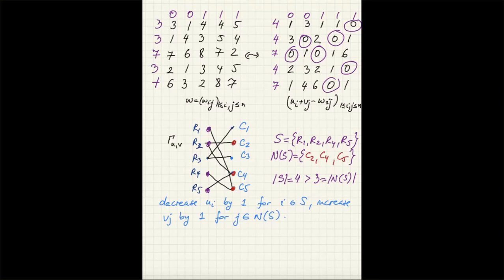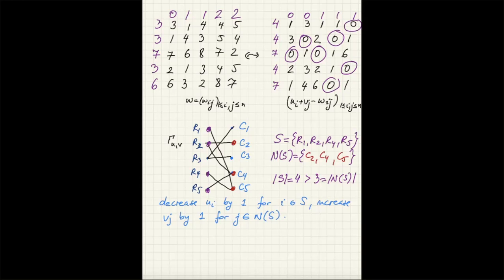And R5 goes down by 1. So this is 6. And on the top, we have C2, C4, C5. So C2 becomes 1. C4 becomes 2. And C5 also becomes 2.